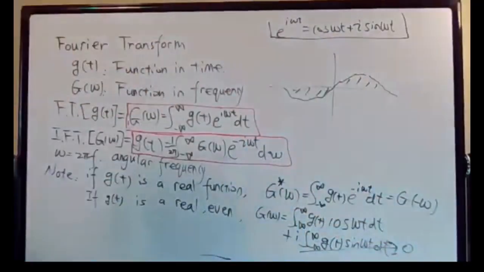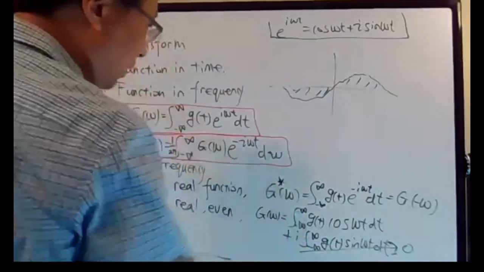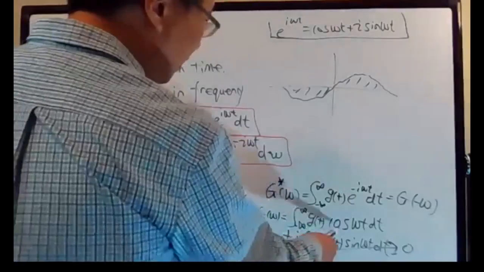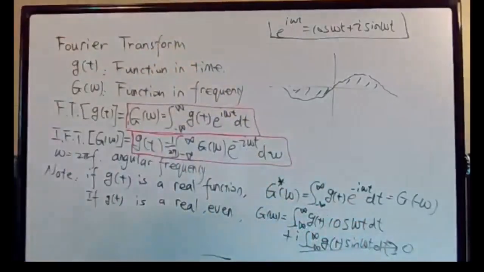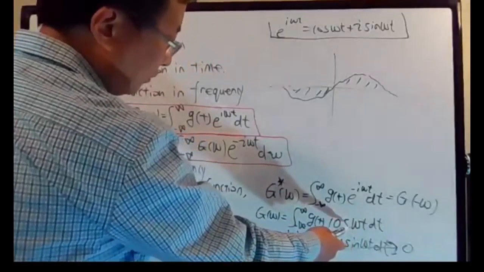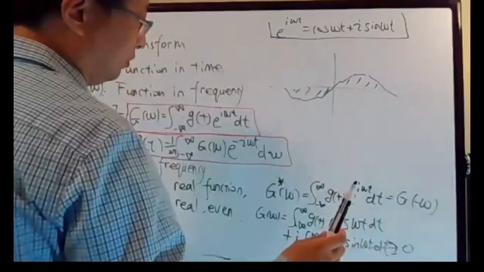Now the other piece is the integral of g(t) cosine omega t, and cosine omega t is an even function, right?